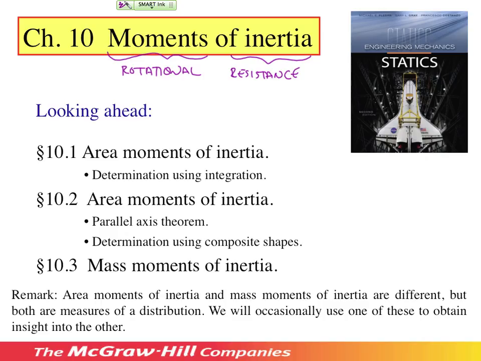The first of these is called an area moment of inertia, and it involves a property of a cross-sectional area. This is an important quantity in transitioning from rigid to deformable bodies.